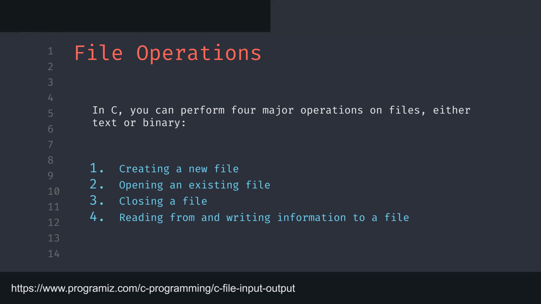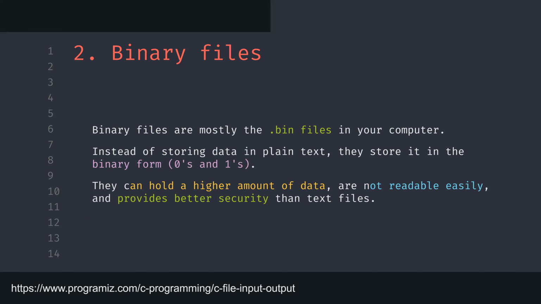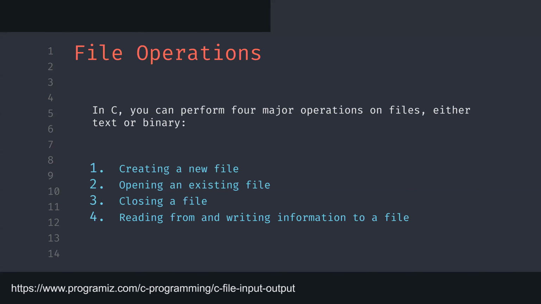So these are some general information about files. Now you need to know how to create such files in C, both text and binary files, and how to open an already existing file.